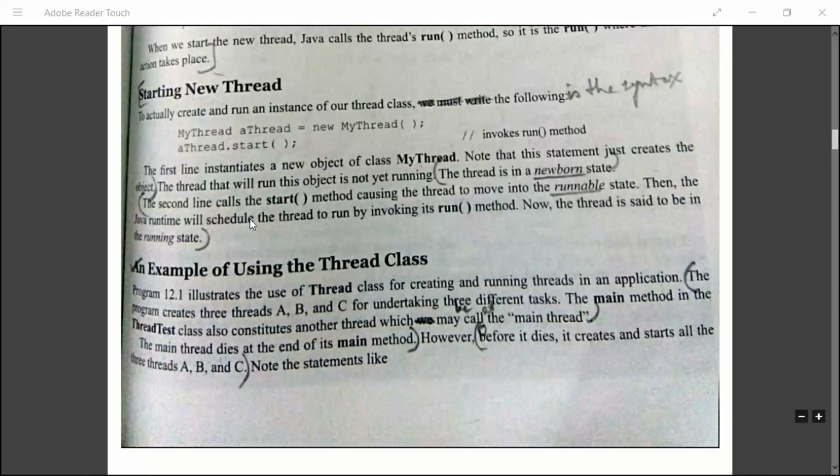So this second line causes the thread to move to the runnable state. So these are the states that you have to keep in mind. Newborn state, again we will discuss them in detail in the next class. So what are these? Newborn state, when the thread is only created. It is just created. No work, or it is not started. It is just created. So it is called newborn state.